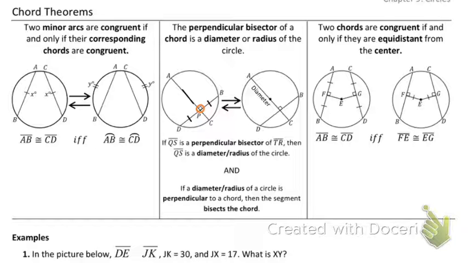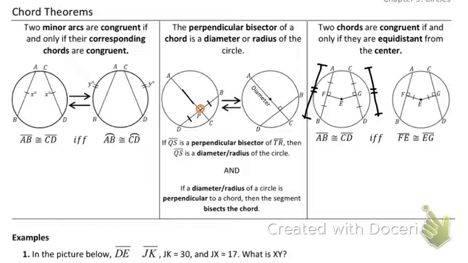Well, if it turns out that these two chords are the same length, maybe we could put double tick marks on the outside, so that length is the same as this length. So if we see those 90-degree angles at the center and both of these chords are the same length, we know they're the same distance from the center, so we can put tick marks on these.